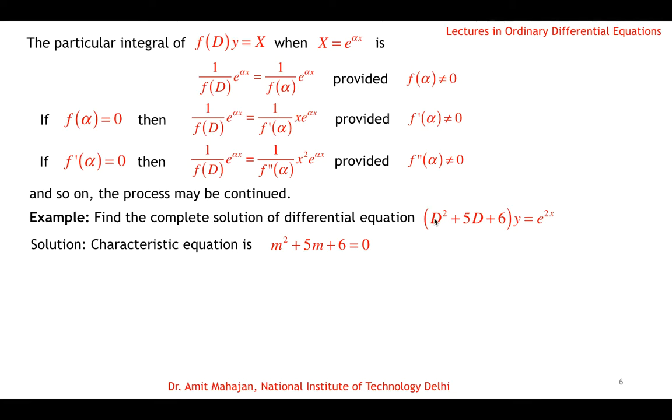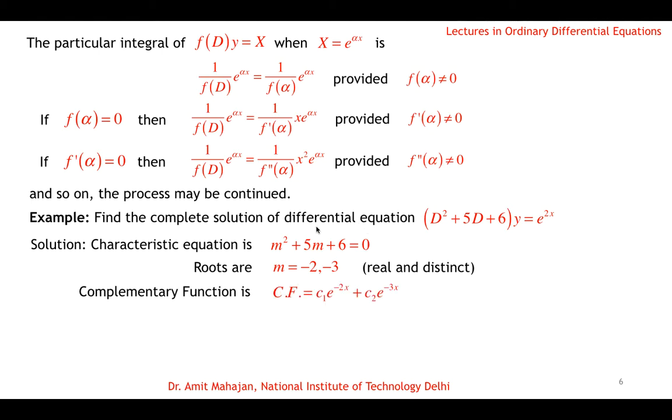So m square plus 5m plus 6 equal to 0 is the characteristic equation. We will find its two roots. So m value minus 2 and minus 3 are two roots. Both are real and distinct. So we can write the complementary function as c1 e raised to power minus 2x plus c2 e raised to power minus 3x. This we have done up to here in the last lecture.